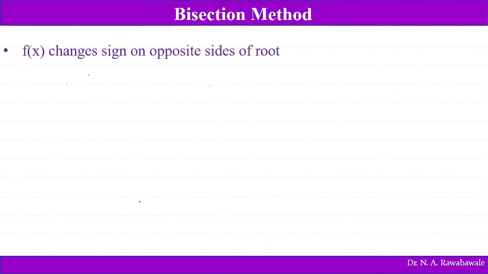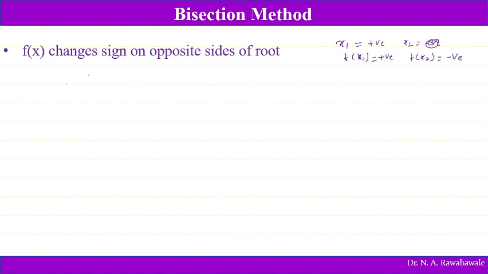If there is a function f of x which changes its sign by substituting two values of x, say once we substitute x1, then it yields positive value, and if we substitute x2 value, it yields negative value. That is, function f of x1 is positive and function f of x2 is negative.